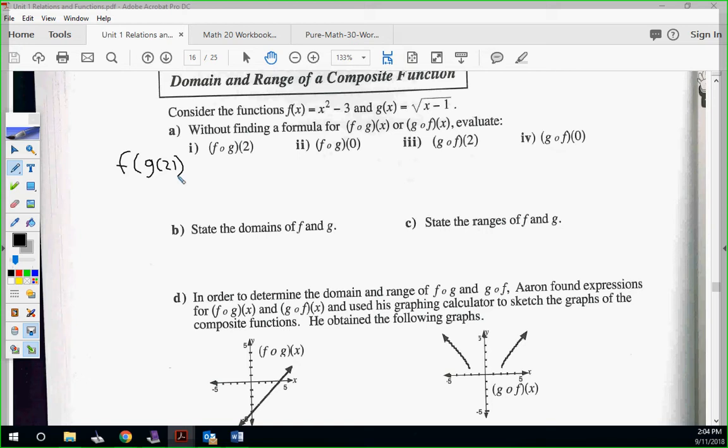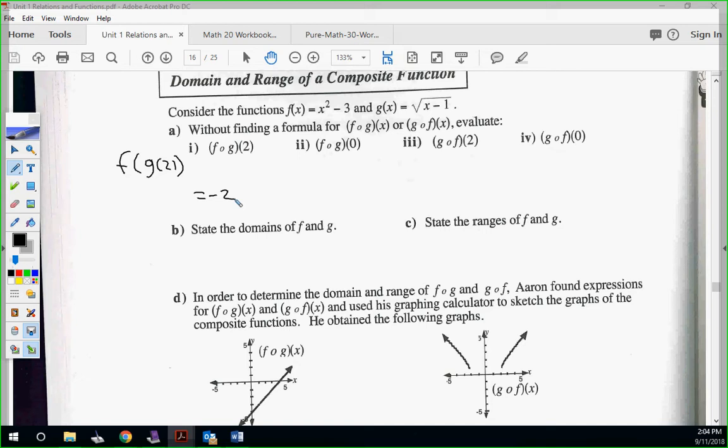So we're just plugging a 1 in here. 1 squared is 1, minus 3, negative 2. So this one ends up being negative 2. And so what they mean by without finding the formula is without making the composition. We're going to do the composition still in a second. That comes down a little bit later here.